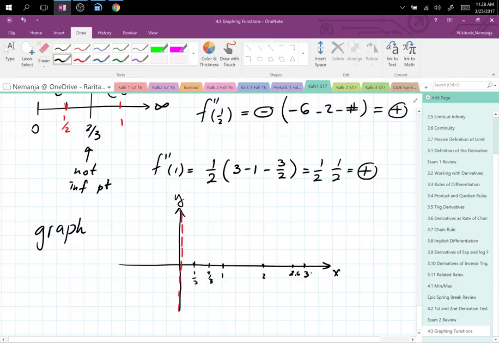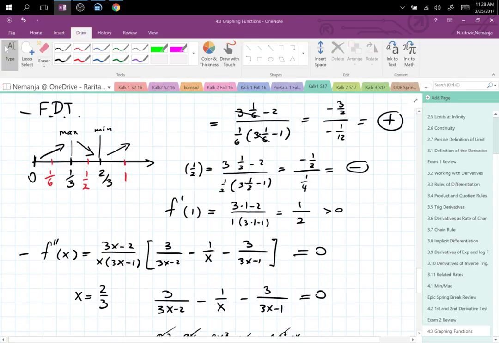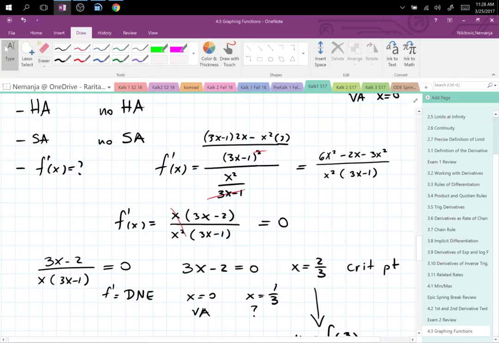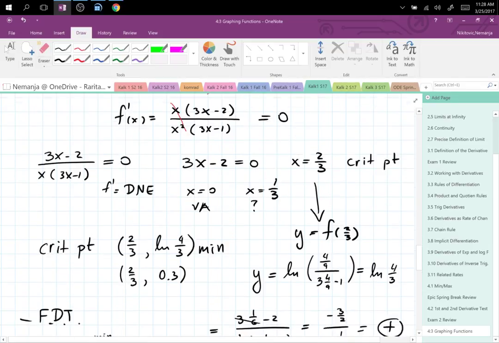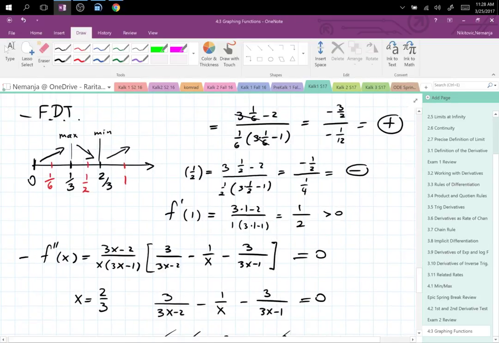Okay, cool. So 2.6 is the x-intercept. So we put the point there. Then we have critical something. What do we compute? ln of 4/3, so 0.3. At 2/3, 0.3 minimum.